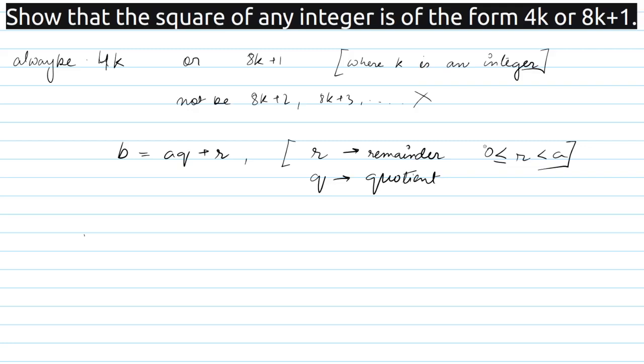Now, we all know that the remainder cannot be less than 0. And it cannot be more than or equal to a, because if it was, it would have added that extra 1 to the quotient, and the remainder would have been r minus a.